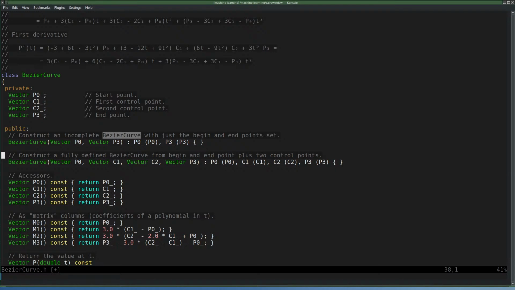Maybe I should add another constructor to fully define it from the matrix values, the matrix columns. So you pass in these, and then I have to do the reverse of this.